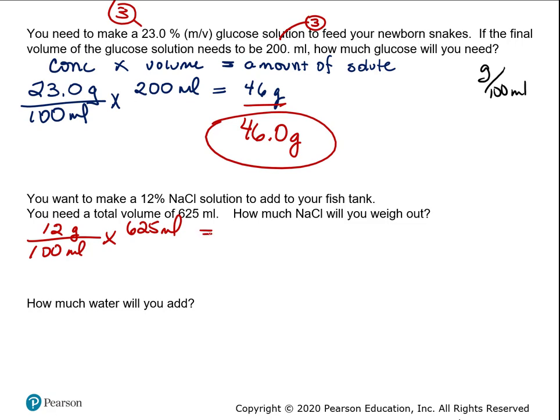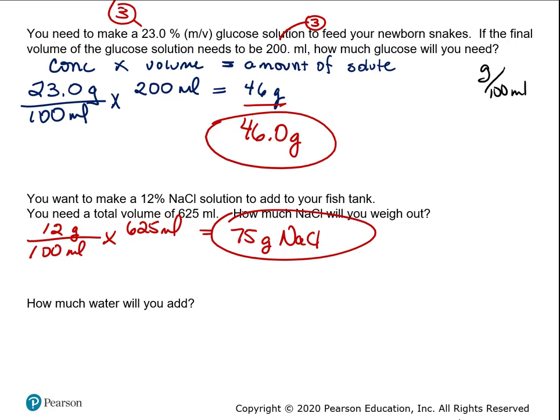So you end up with 75 grams. Is that right? Can I use that or do I need to change? What's my significant figures? 12% is 2. 625 is 3, but I should always round to the lowest number of significant figures. So do I have to do anything to this? No, so I'm good. Okay?